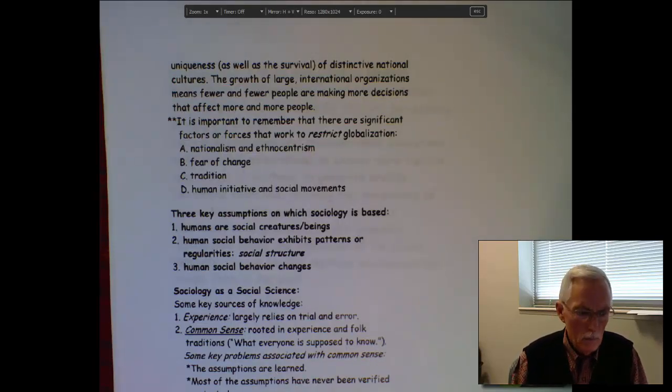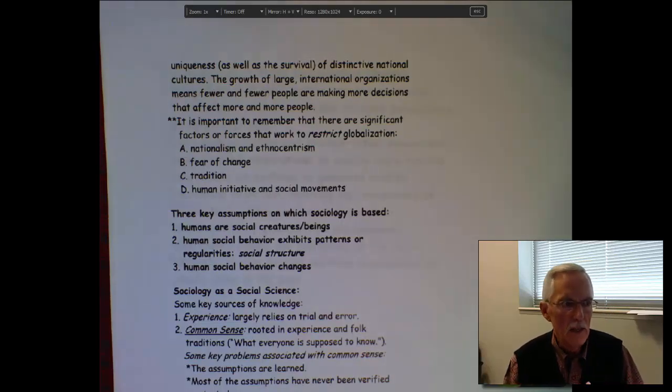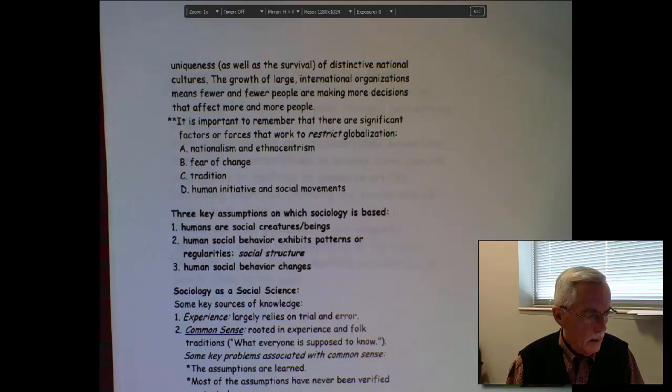In other words, people are pretty strongly committed to their particular nation or society. They tend to view their way of living as being superior, a process we'll talk about later on, referred to as ethnocentrism.